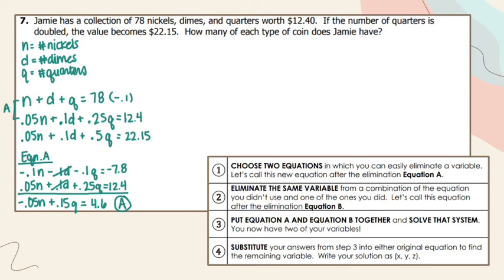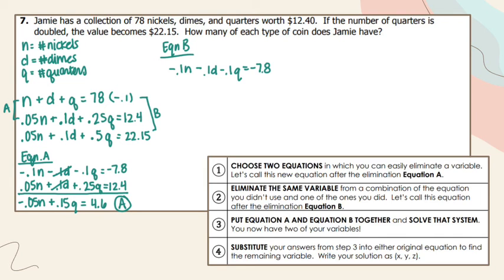Then we need to come up with equation B. So we will use the top and the bottom to make B. And actually we can multiply it by negative 0.1 again, and it'll cancel the d's out again. So come up here for equation B. We're going to get negative 0.1n minus 0.1d minus 0.1q equals negative 7.8, because we got to use the same multiplication in the top one.